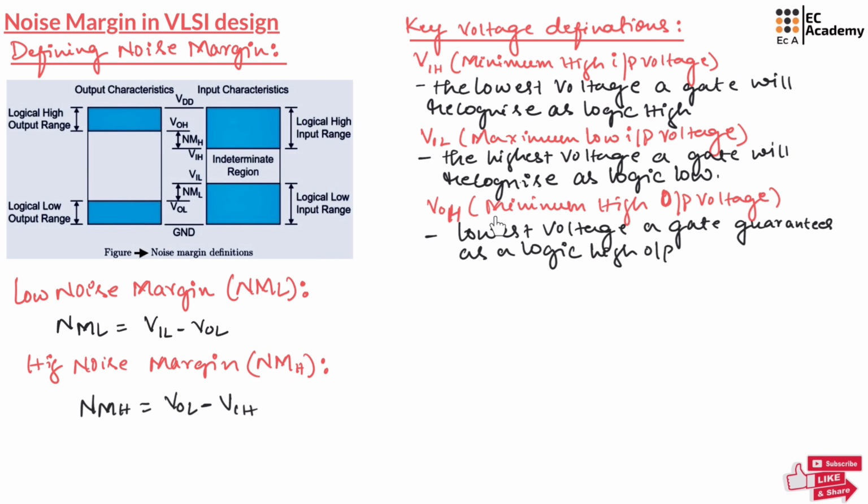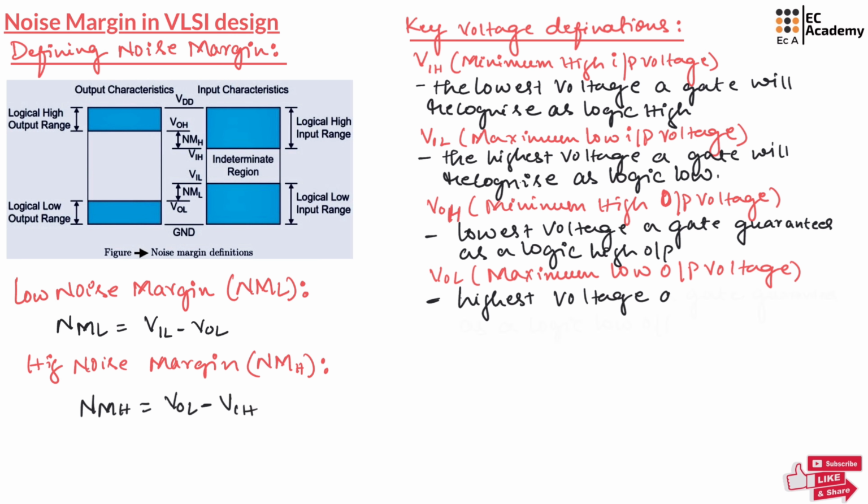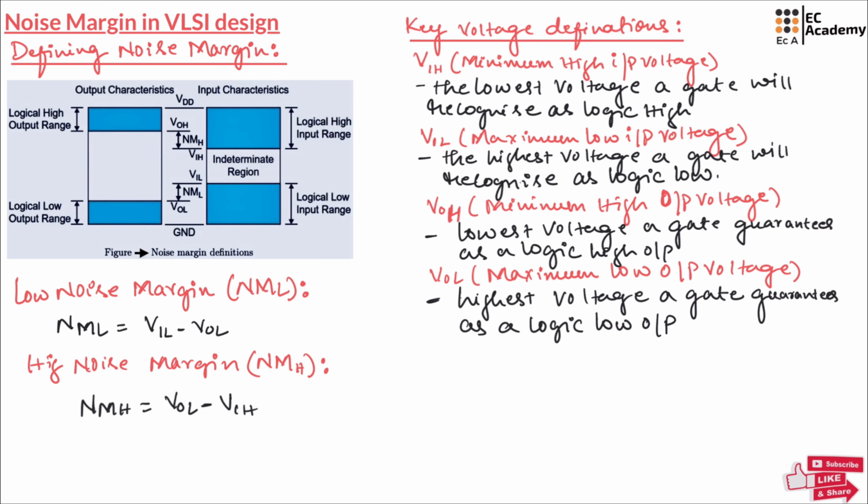Next is VOH, the minimum high output voltage, which is the lowest voltage a gate guarantees as a logic high output. VOL is the maximum low output voltage, the highest voltage a gate can guarantee as a logic low output.